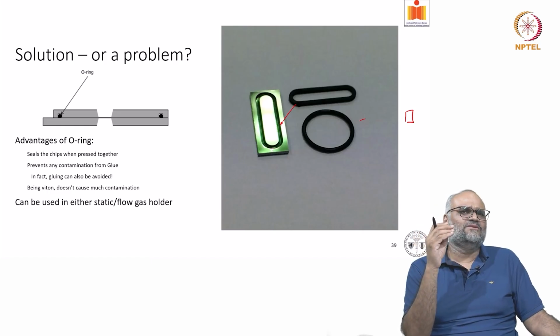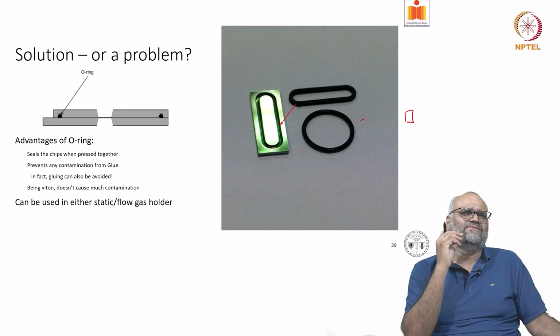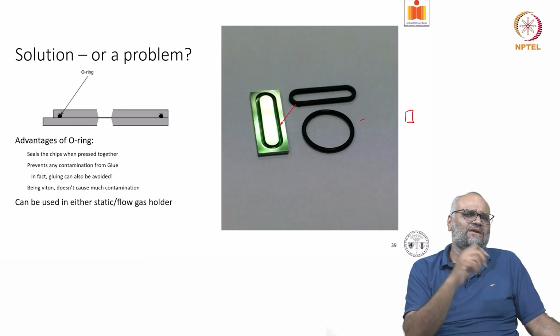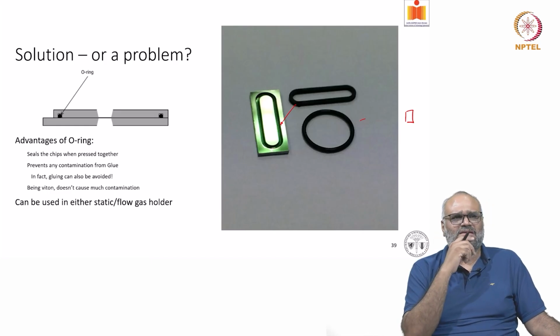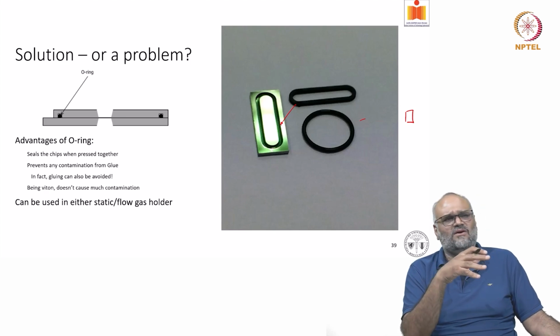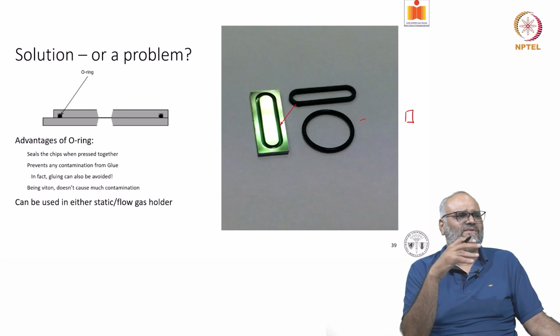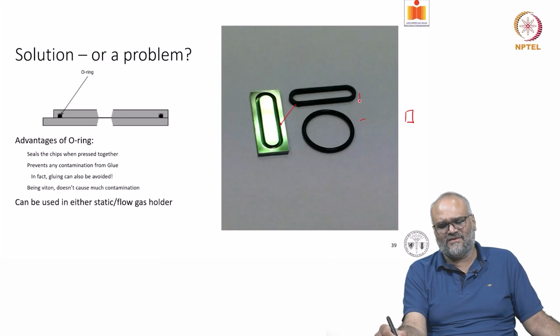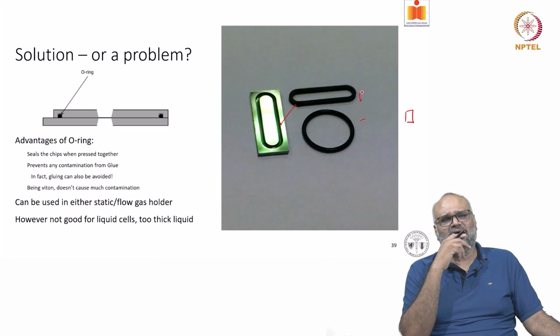The only reason you might want to glue is if you want to achieve slightly higher pressures, but when you glue, you cannot separate the top and the bottom chip out, and this can be used in either a static or a flow gas holder, or even kind of a liquid cell. But the challenge is, because of the thickness of this O-ring, it is not extremely good for liquids.